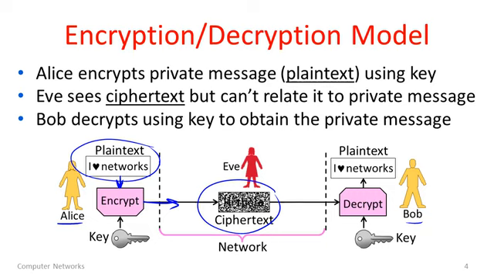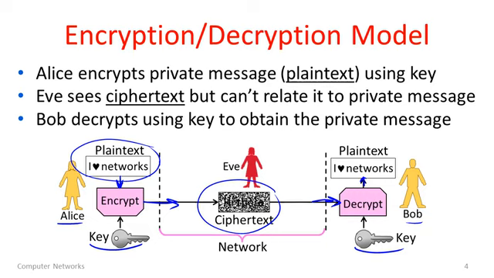Once it's encrypted into this ciphertext, Eve will see the ciphertext because she's observing all of the network messages, but she won't be able to relate it to the original message. The encryption is parameterized here by a key.